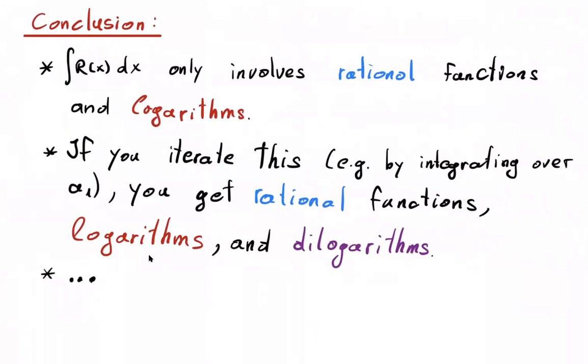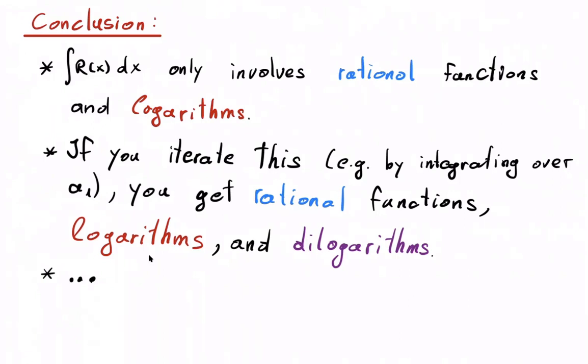If you iterate this argument, you conclude that if you compute, say, an iterated integral of a rational function, and here I'm a bit vague, but I think you get what I mean, then you get rational functions and logarithms, and say if you do it twice, you could also get dilogarithms, because now you would have integrals that involve logarithms and things like log divided by t, and then integrating gives you a dilogarithm, and so on.